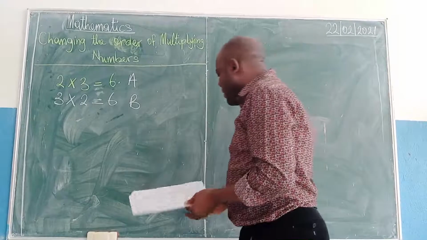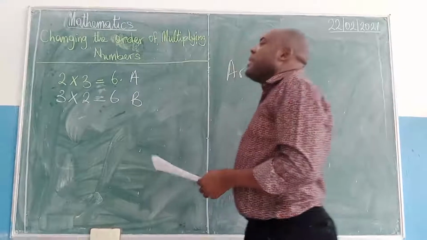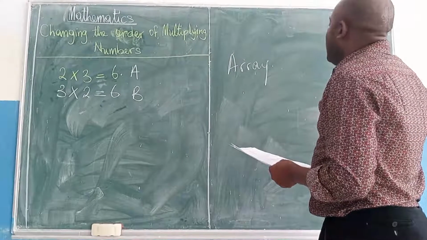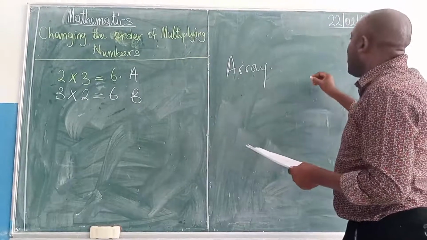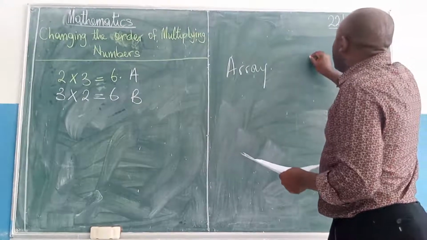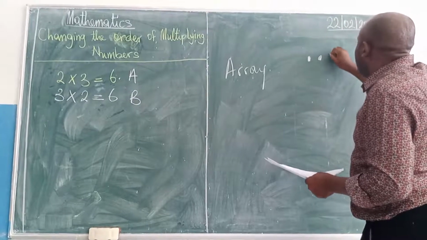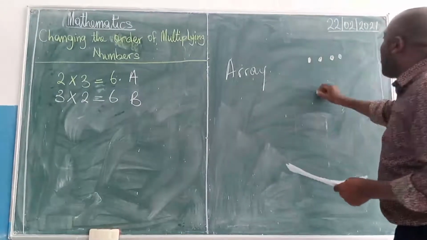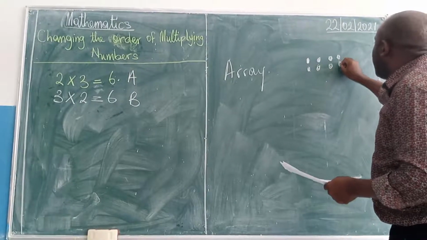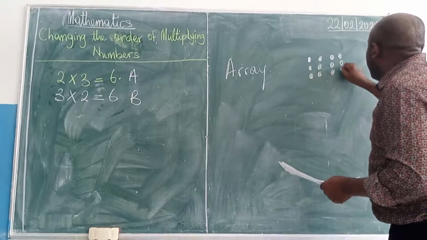What do we mean by array method? If we want to calculate 4 times 3 normally, we'll count 4 three times. So this is 1, 2, 3, 4, and again 1, 2, 3, 4, and 1, 2, 3, 4.